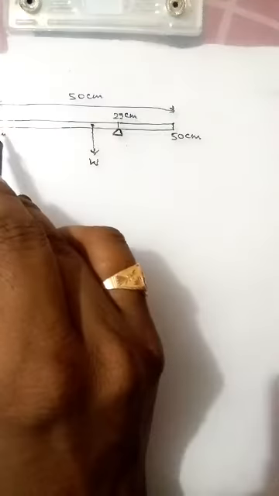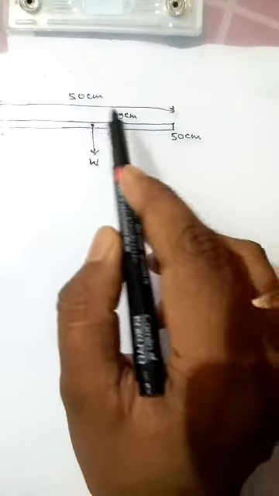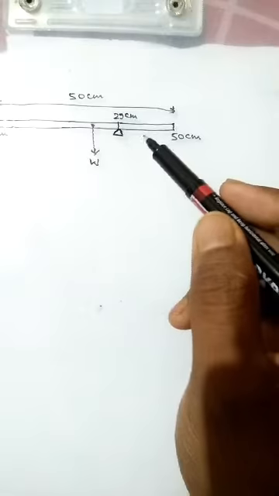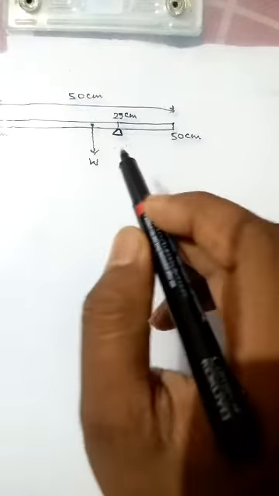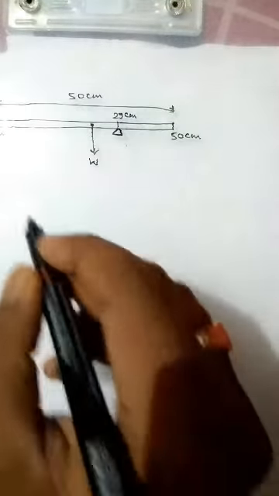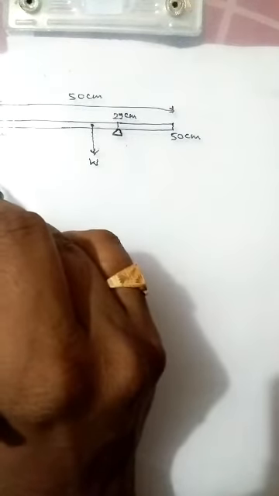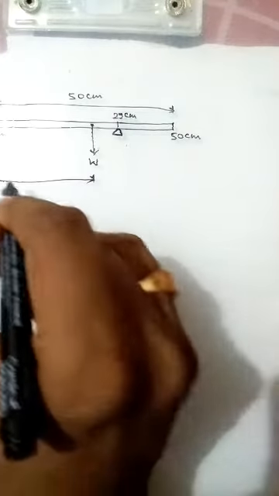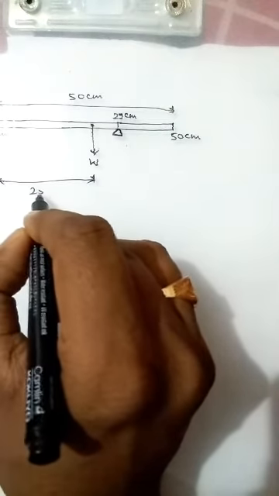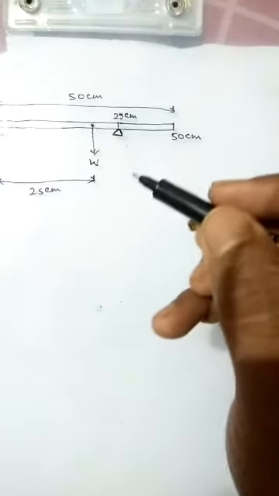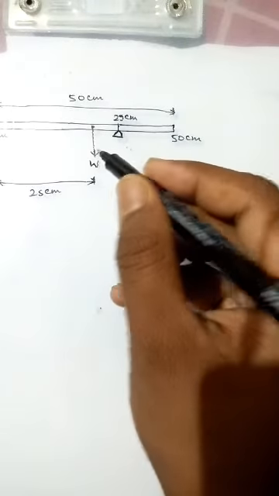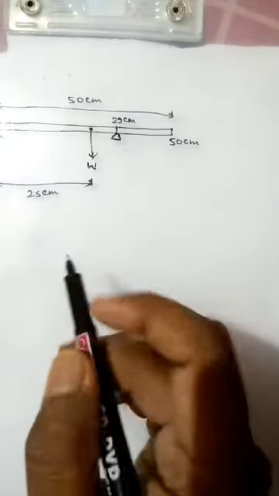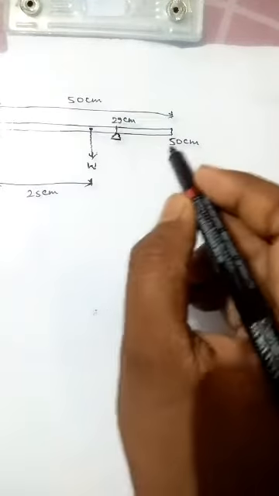This is the half meter rule having length 50 centimeter. The weight of the rule acts in the middle of the rule, which is at 25 centimeter from both of the ends. W represents the weight of the rule, which acts at 25 centimeter from one end.